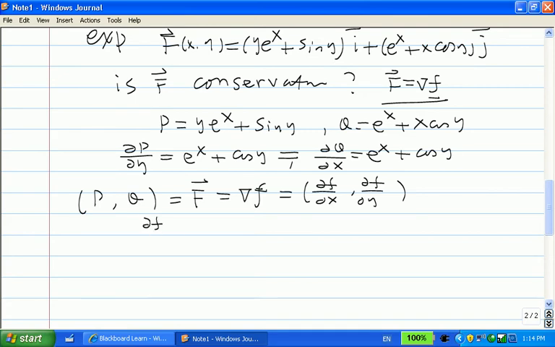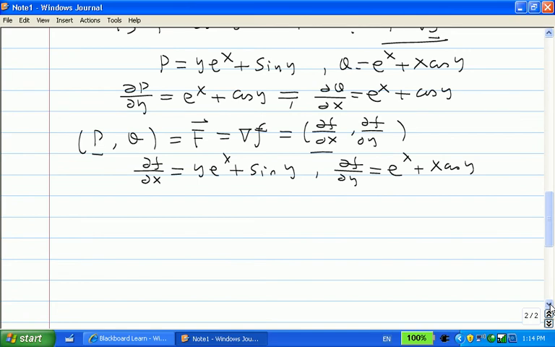That means the first component is equal to P. The first one equals the first one. What is my P? P there is y e^x plus sin y. Then the second component equals e^x plus x cos y.